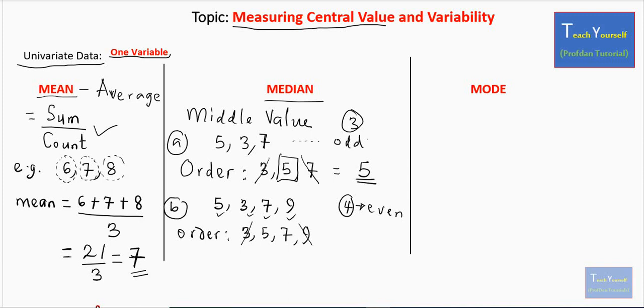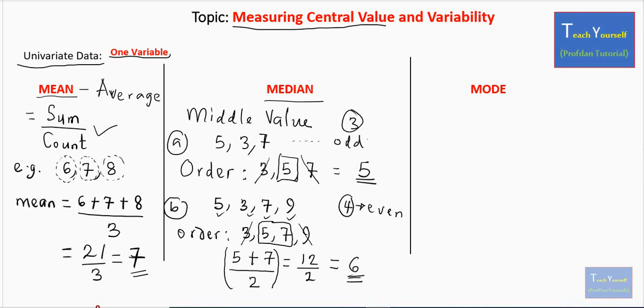We are left in this case with the middle values 5 and 7. And what do you do to get the median? The median is gotten by finding the average of the two middle values, and that at the end of the day gives you 6 as the median.